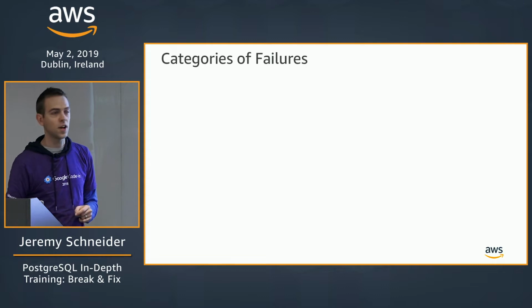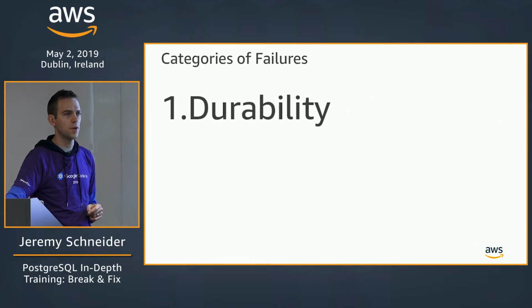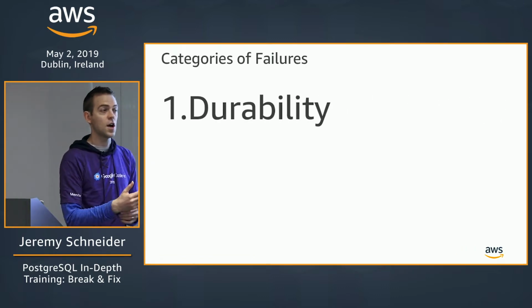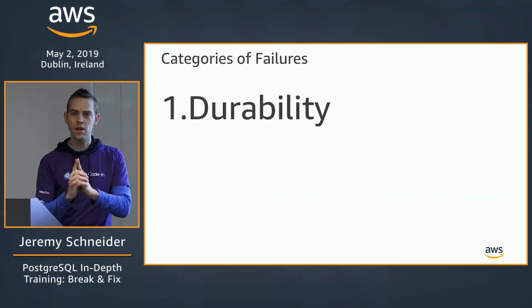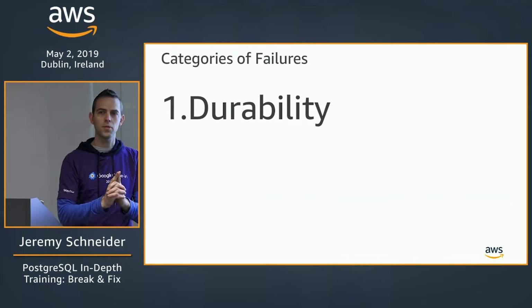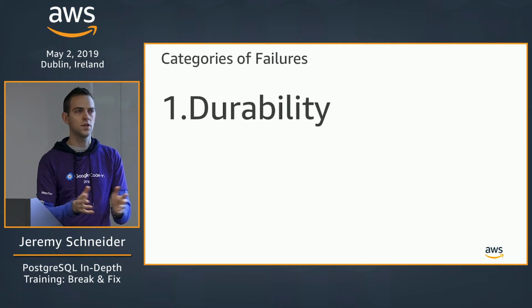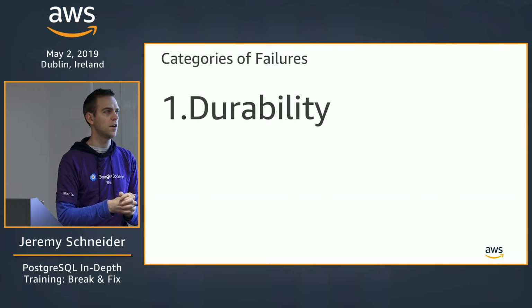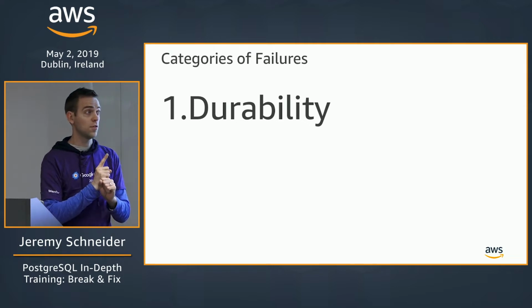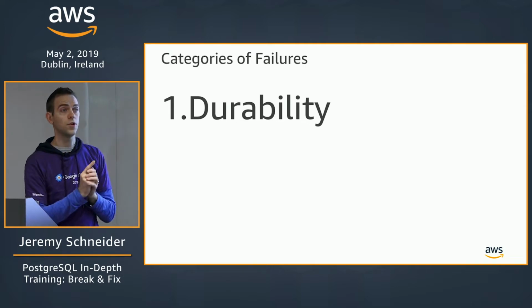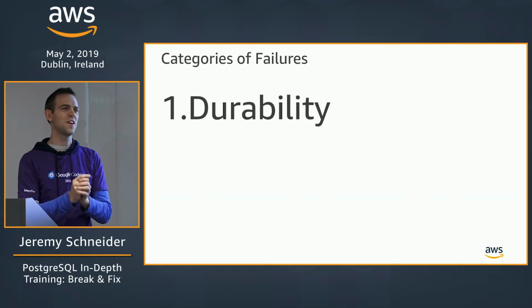The first job of a database is durability, right? And what durability means is not losing your data. That's job number 1. If you are responsible for the database, whether you're a DBA or not, your job number 1 is protecting the durability of your data. Don't lose your data, right?